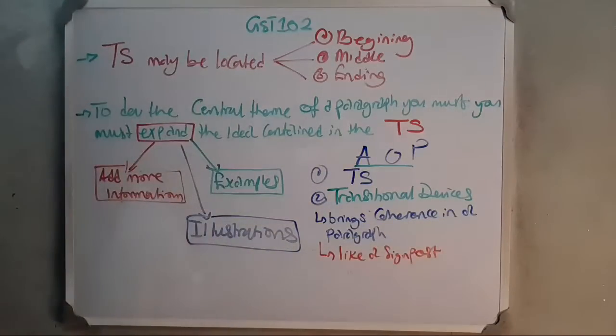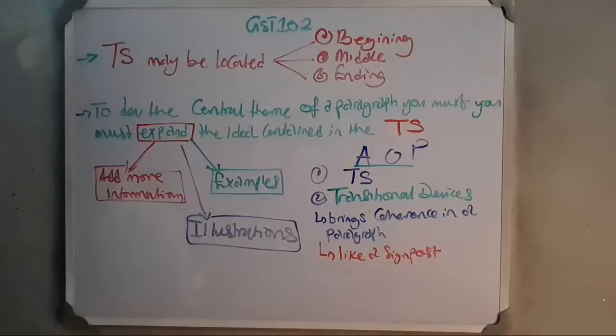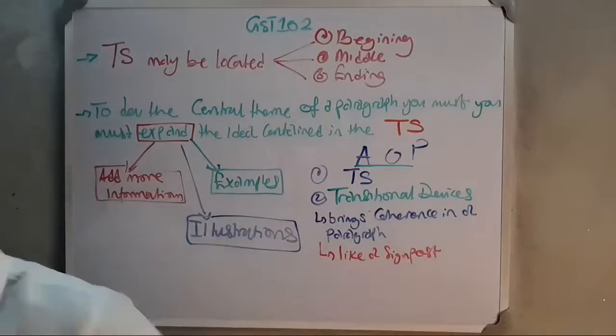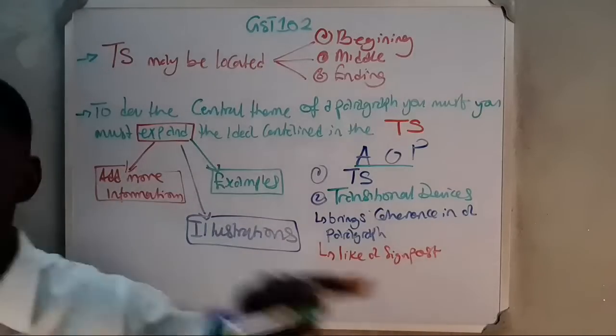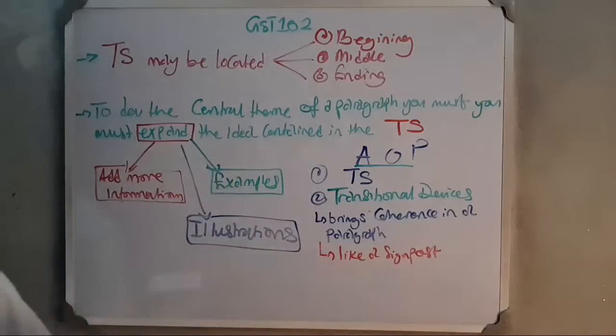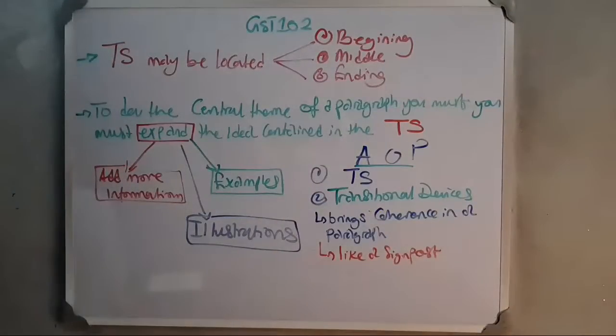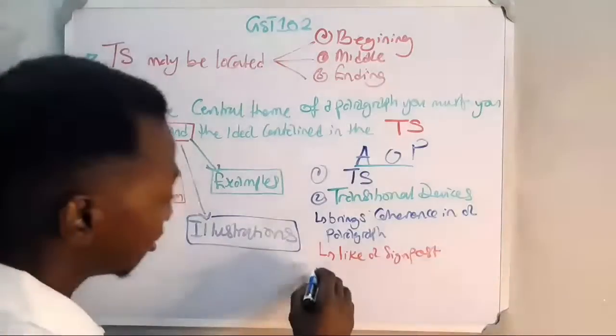They are like a signpost in a paragraph. Transitional devices are like a signpost in a paragraph. They help readers or writers move smoothly from one sentence to the next.